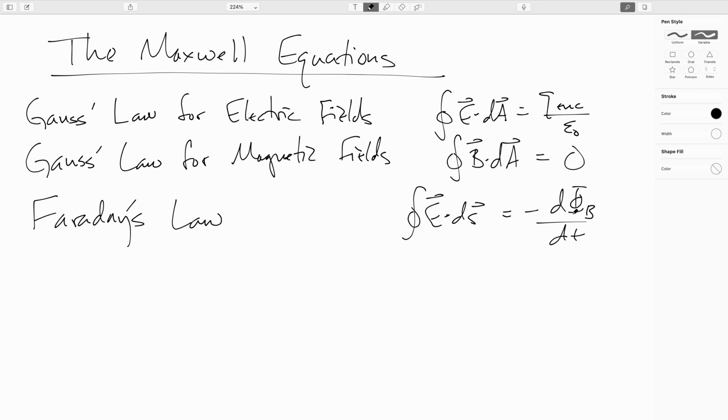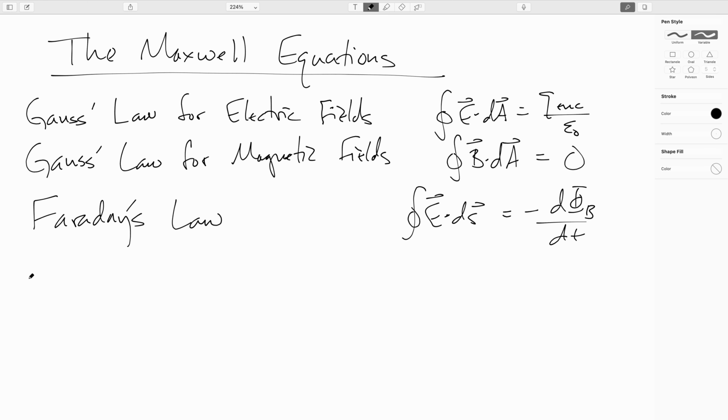If we have a time-varying magnetic field, we get electric fields, and the way this works, remember, is that these electric field lines will be circles that just loop back on themselves, or in any event, lines that loop back on themselves. And we will only have this electric field for as long as the magnetic flux is changing.